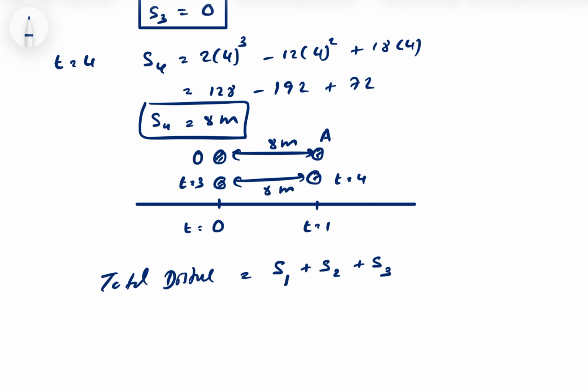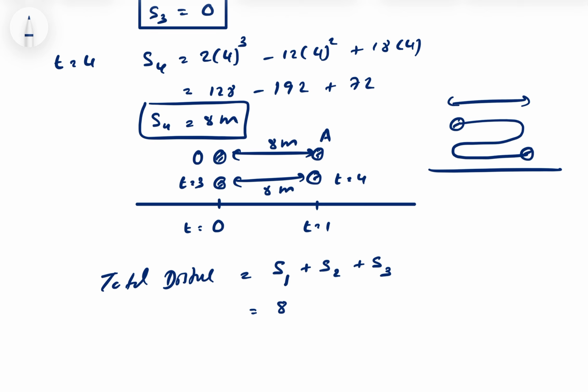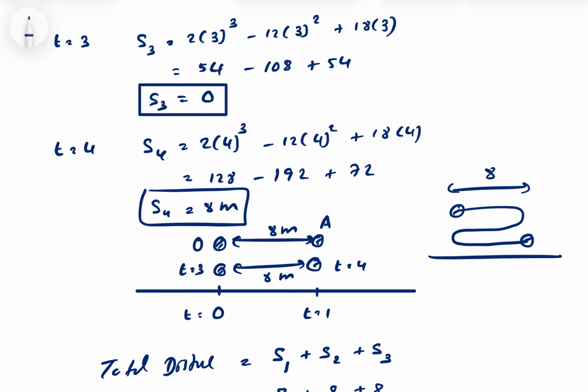These are not the s3 and s4 values you can see there. So it travels from O to A, 8 meters, then comes back, and again goes there. Each one is 8, so going out 8, returning 8, and again going out 8, the total distance traveled should be 24 meters. That should be the final answer for part B.